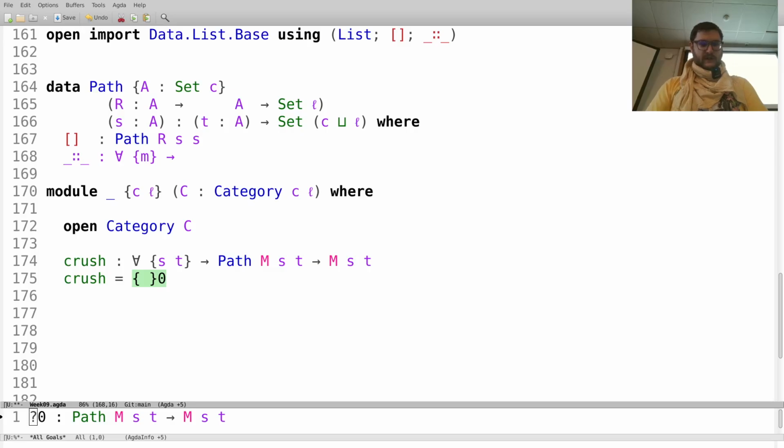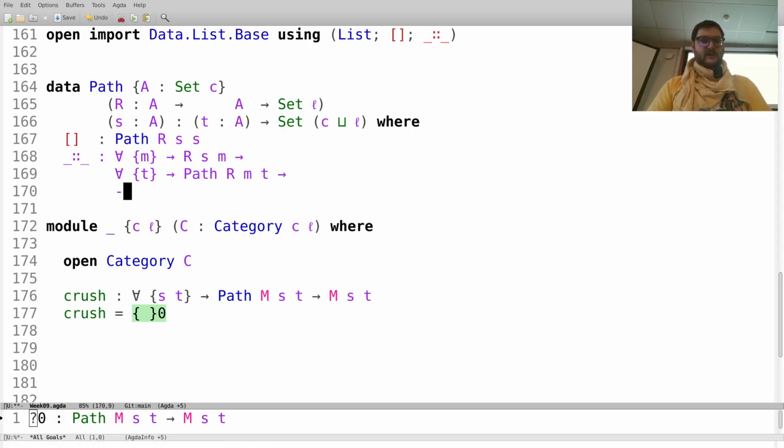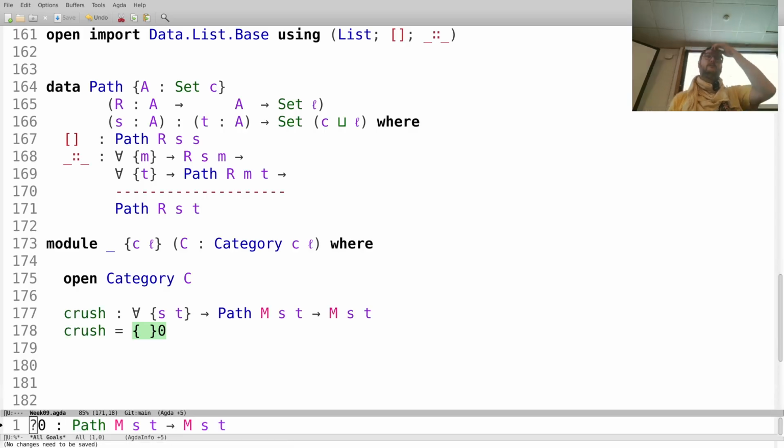So I'm taking a first step from the source to the middle, or whatever the intermediate step. And then once I'm in the middle, if I can reach the target, then it means that I have a path from the source to the target.